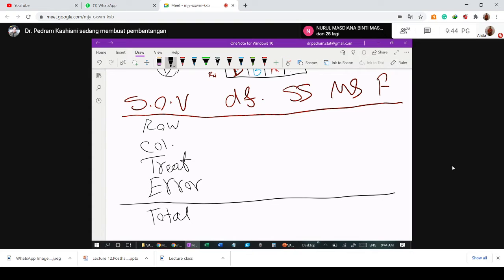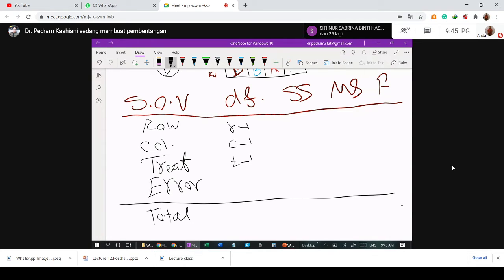When I want to write my DF, this DF is the easiest DF. Remember that row, column, and treatment have the same number. So I can put, for example, row is R minus 1. Column is C minus 1. Treatment is T minus 1. Okay, so row minus 1, column minus 1, treatment minus 1.